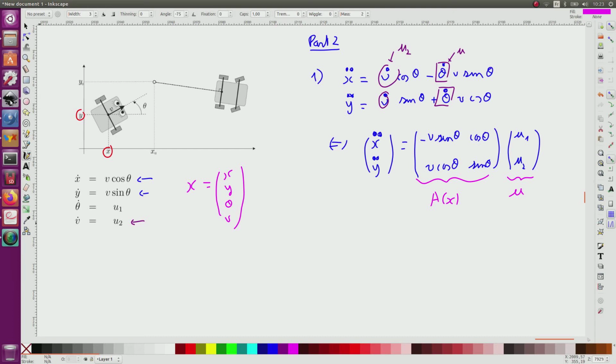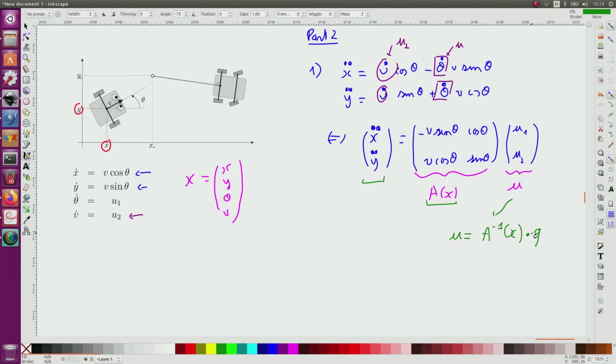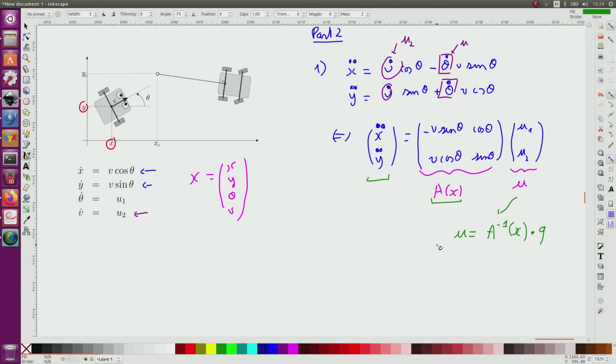So that's what I will do. Since I have this equal to A of x times u, the idea is to get rid of A of x by taking u equal to A minus 1 of x multiplied by the new input q. So if I do this, since u can be chosen as I want, indeed, this is my system.